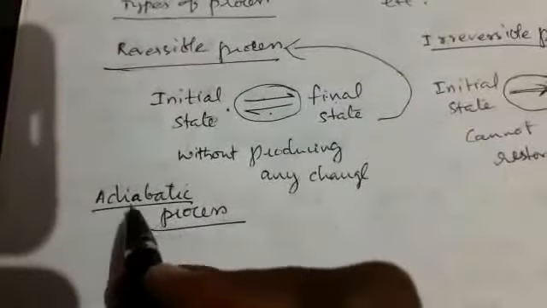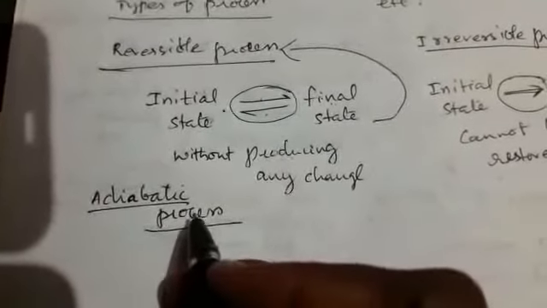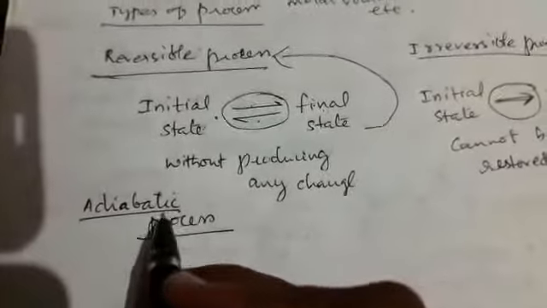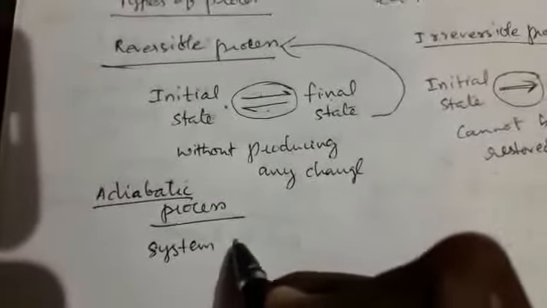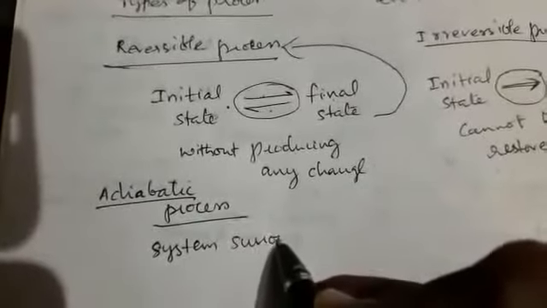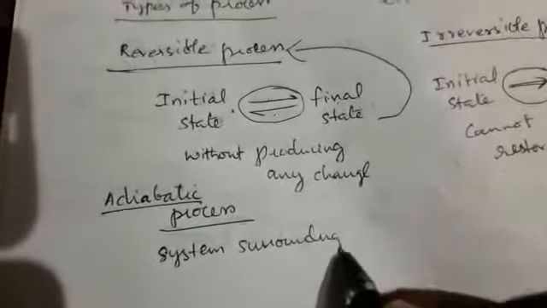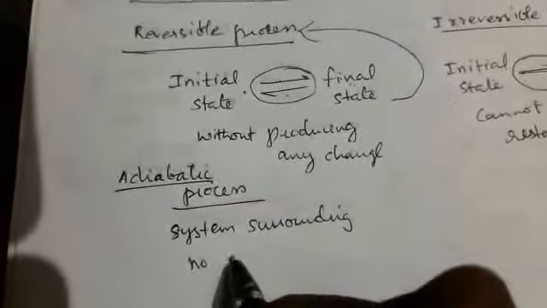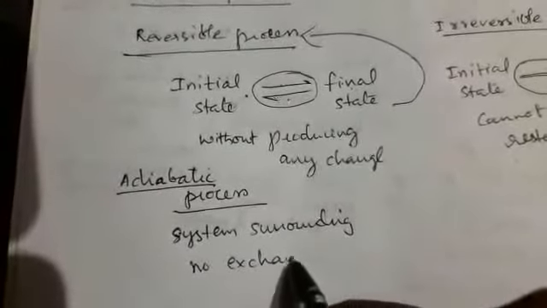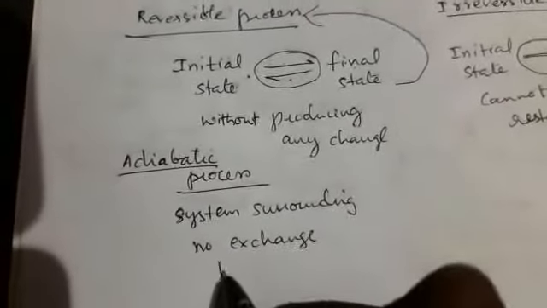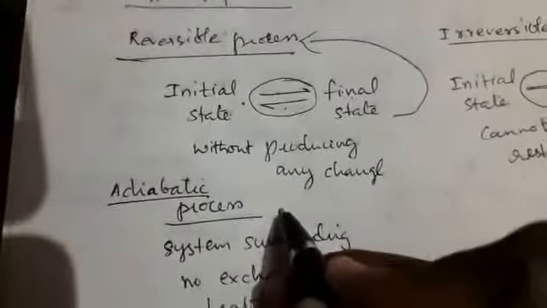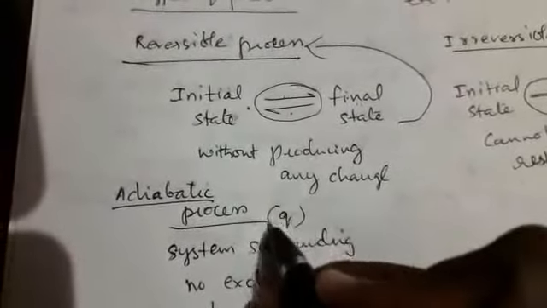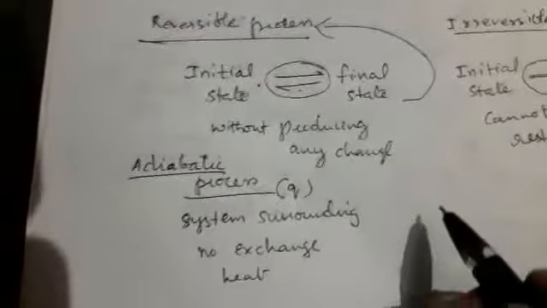Next, adiabatic process. System and surroundings, no exchange of heat energy. The symbol is Q. Q means exchange of heat.